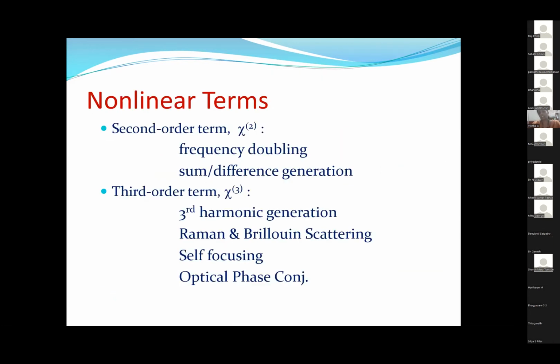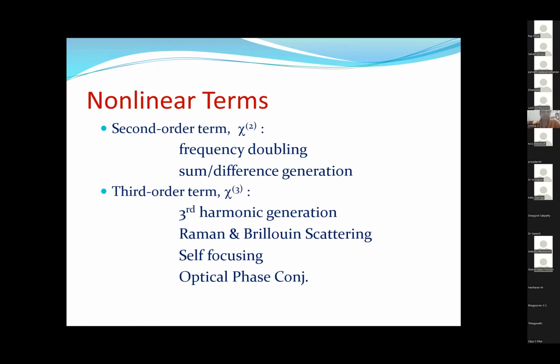So certain nonlinear terms that we have been using are sum frequency generation or difference frequency generation. But one thing is, we always say that we can have the frequency doubling happening or the wavelength getting halved. For example, 1064 nanometers, I can bring it to 532 nanometers.